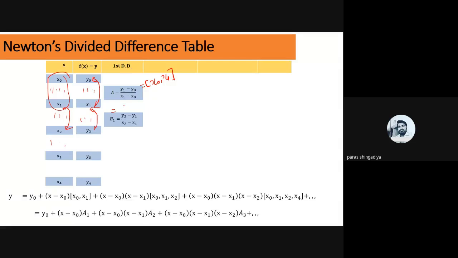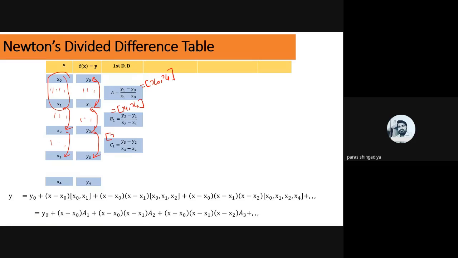And now the third one, that is y3 minus y2 divided by x3 minus x2. Clear? So it is c1, and in this notation we can say it is x2 comma x3.